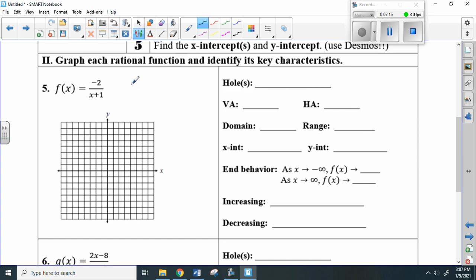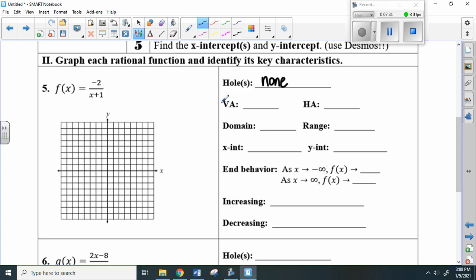If I can't simplify it, that means nothing crosses out. So if nothing crosses out, there are no holes. You just put none right there. There are no holes because nothing crosses out when I factor, because I can't factor.